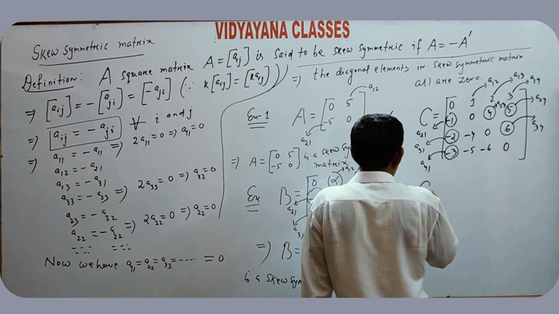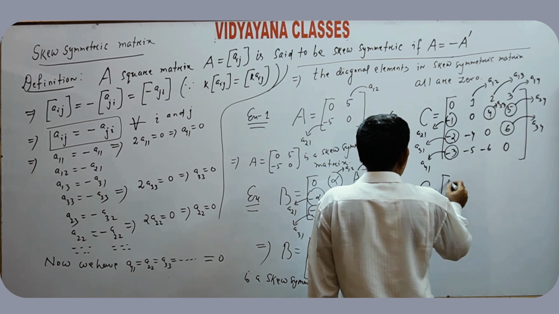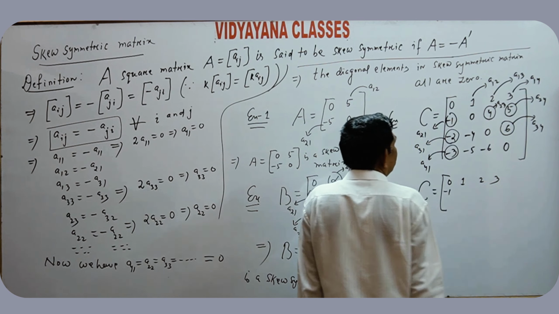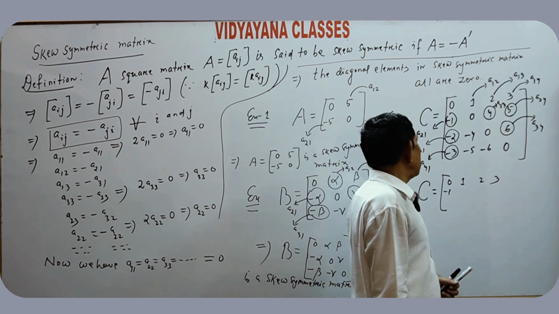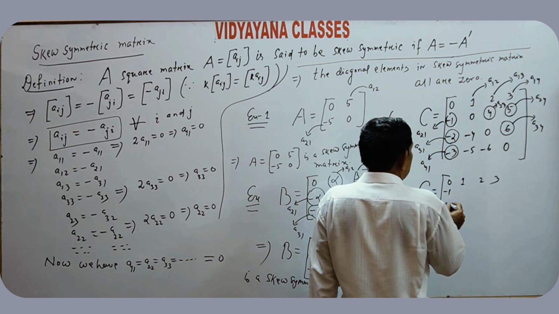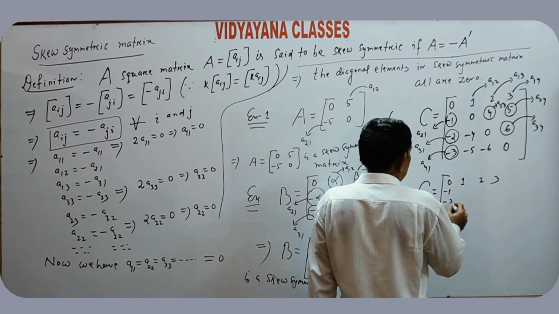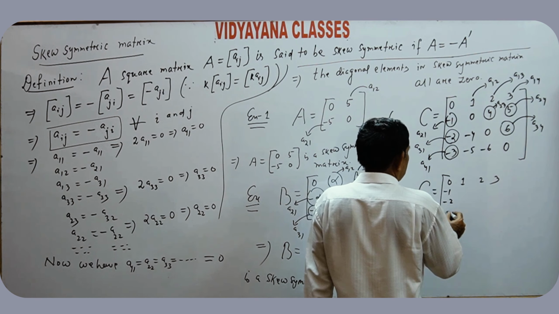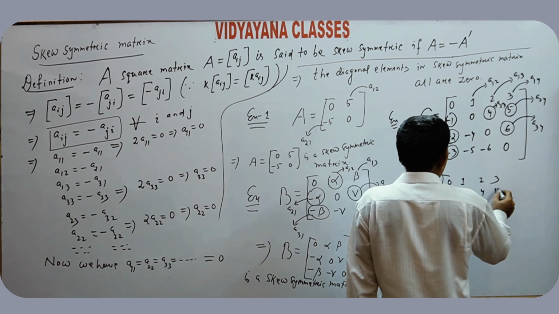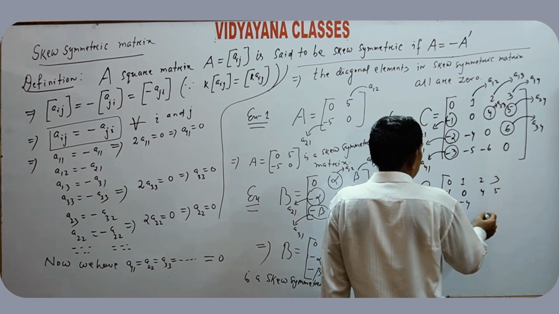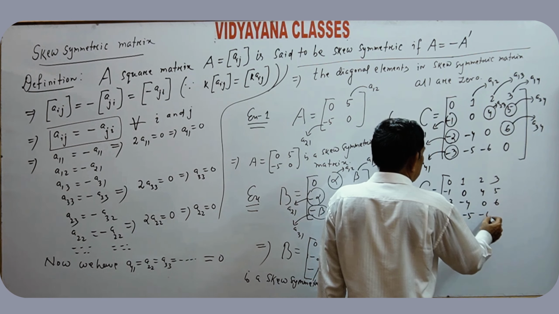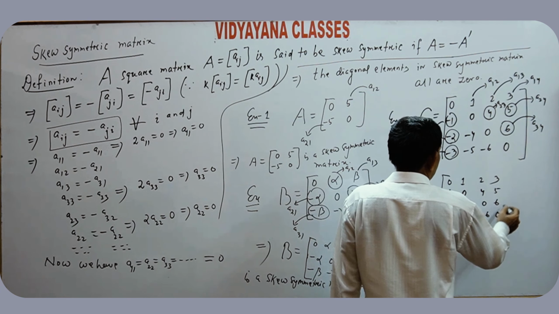Implies C is 0, 1, 2, 3; minus 1, 0, 4, 5; minus 2, minus 4, 0, 6; minus 3, minus 5, minus 6, 0.